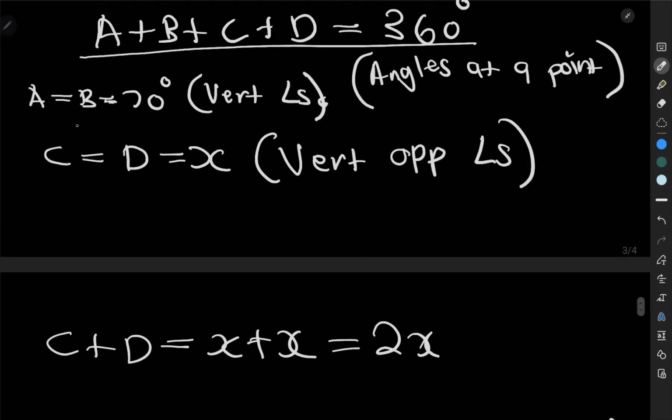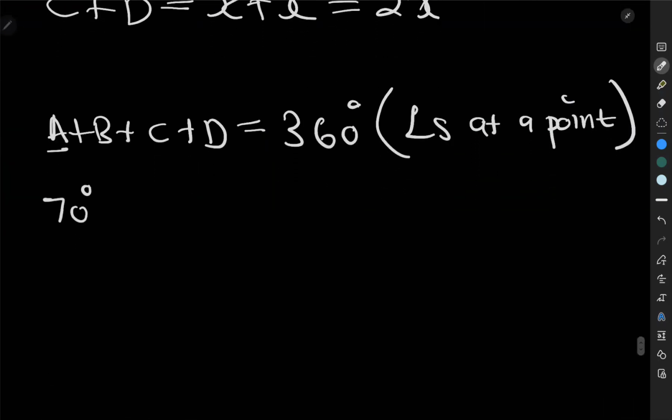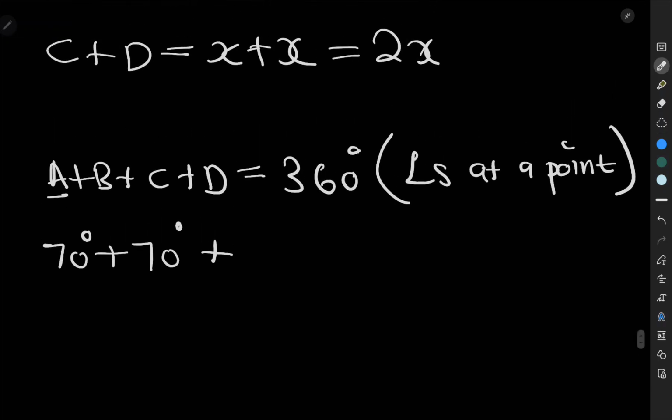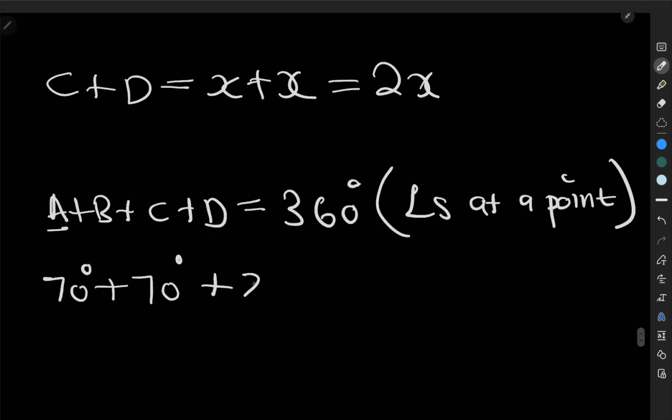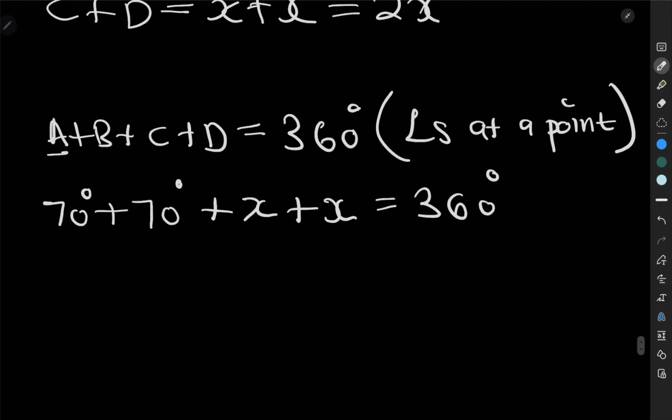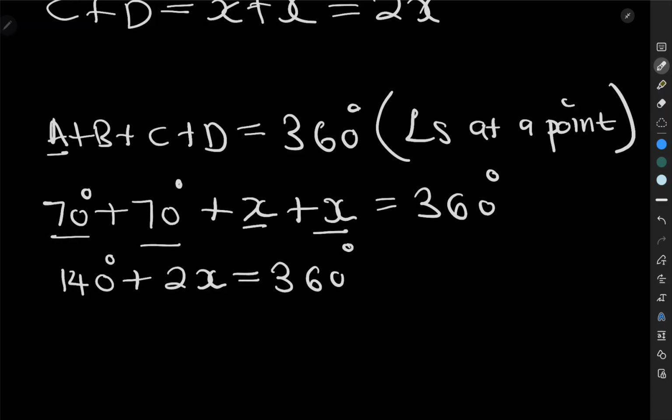We have also deduced that A is equal to B because of vertically opposite angles, so that will also be 70. And we don't know what the value of C is, but we said it was X, and the value of D as well is X, and that equals 360 degrees. So from here, we can add these two values, and if we add them together, we get 140. And if we add X and X together, we also get 2X, which is equal to 360 degrees.